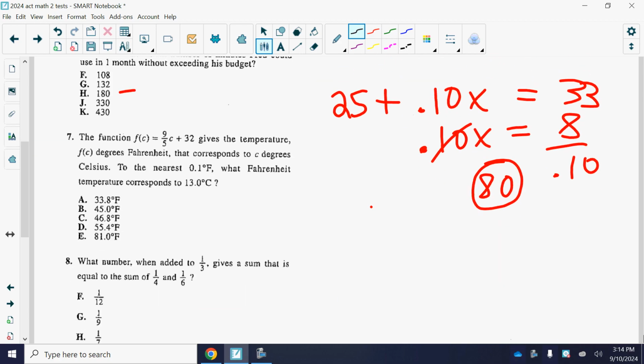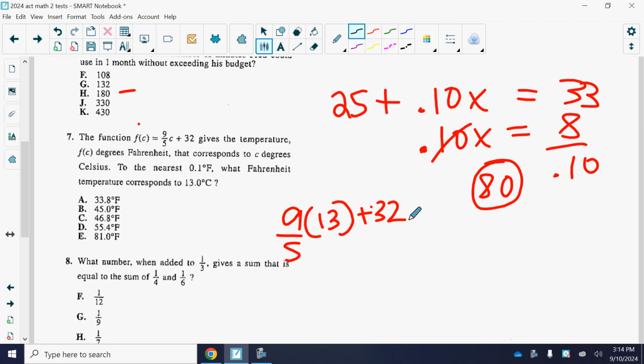Anytime ACT gives you a formula, they mean to stow it in. Get the answer and find the C. Here, they're asking for 13 degrees Celsius. So I'm just plugging in 13 here.